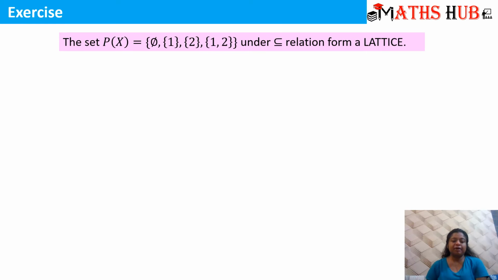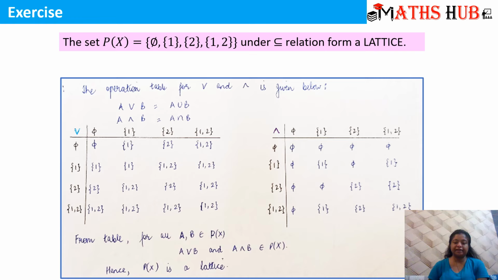So this is the power set of X, where X contains the elements 1 and 2. The power set contains the elements phi, singleton set 1, singleton set 2, and the complete set 1, 2. If you remember my videos, we have done this exercise there.